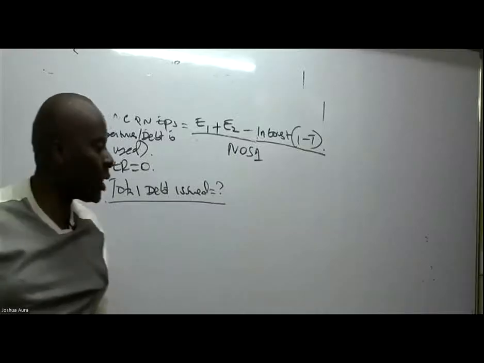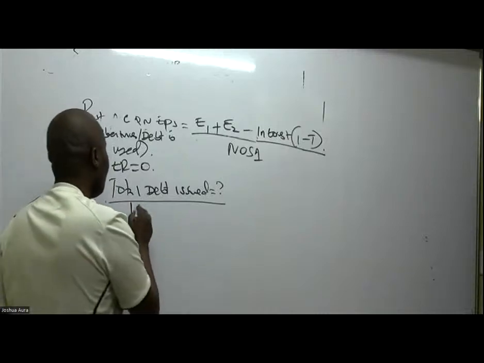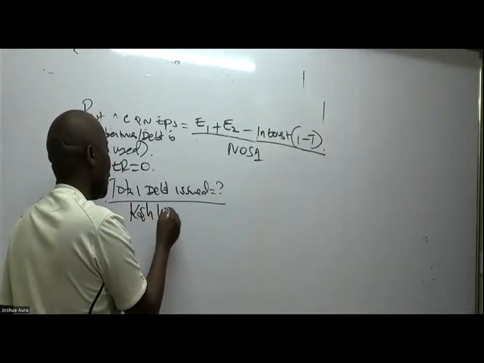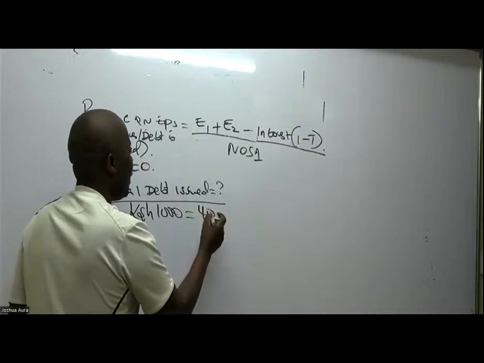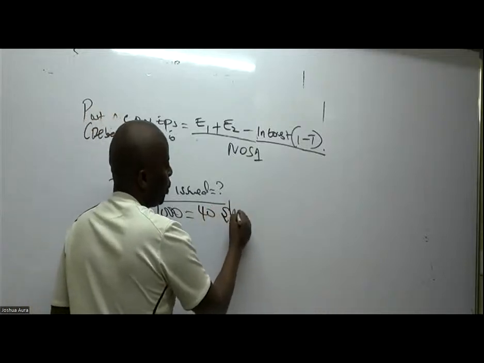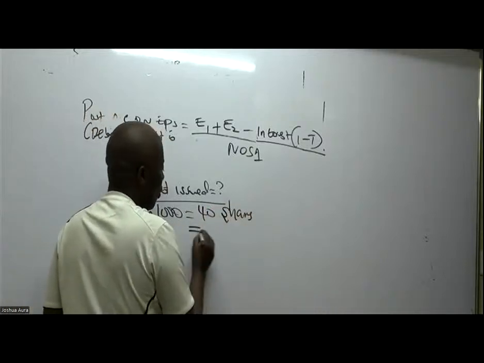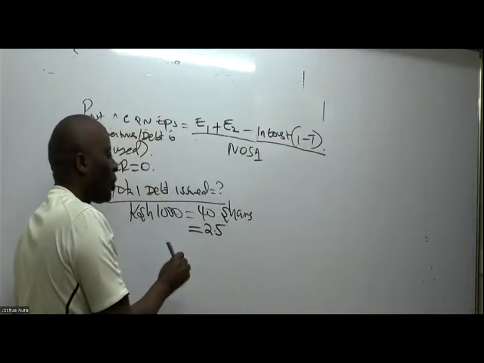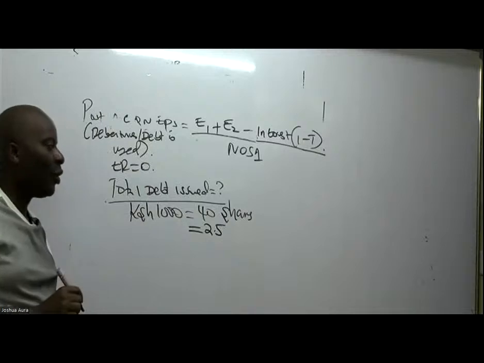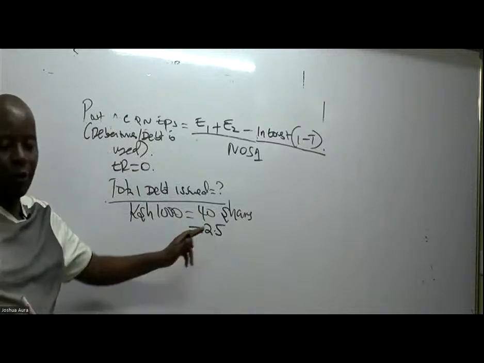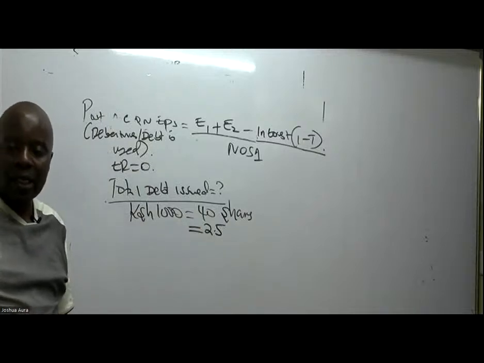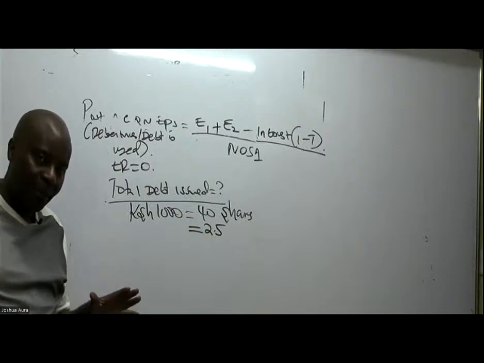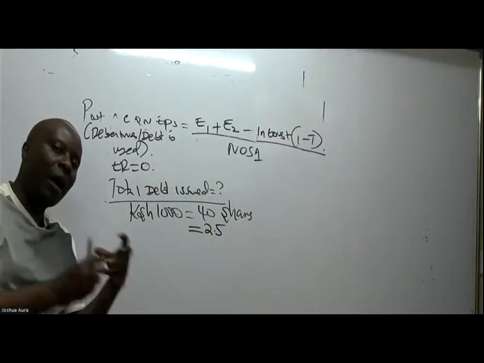So for debt of Kenya shillings 1,000, we have 40 shares. Remember, this is a complete acquisition. We are asking ourselves, how about the debt we shall give when we acquire 2.5 million shares of the targeted company? Remember, it is a targeted company that is being acquired.